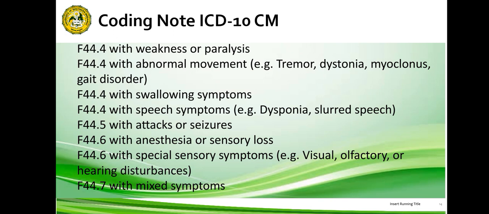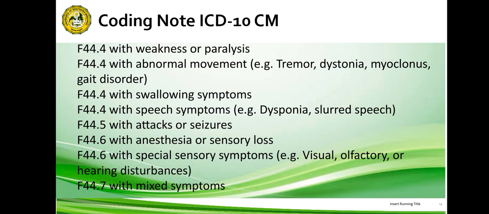So, moving on to its coding note, the ICD-10-CM, or the International Classification of Diseases, 10th revision, clinical modification code depends on the symptom type: with weakness or paralysis, with abnormal movement, with swallowing symptoms, with speech symptoms, with attacks or seizures, with anesthesia or sensory loss, with special sensory symptoms, and with mixed symptoms.